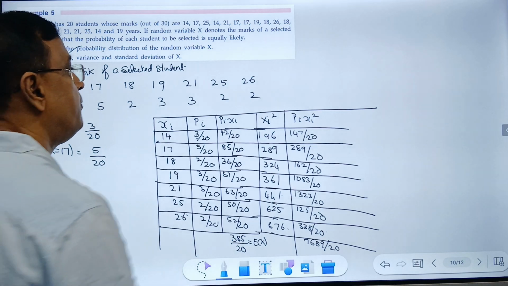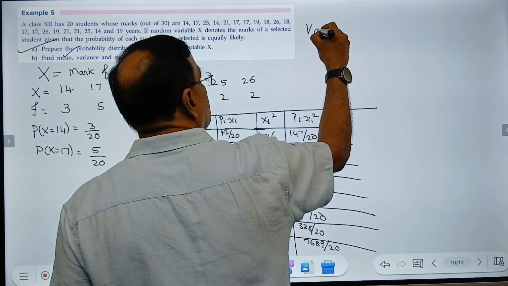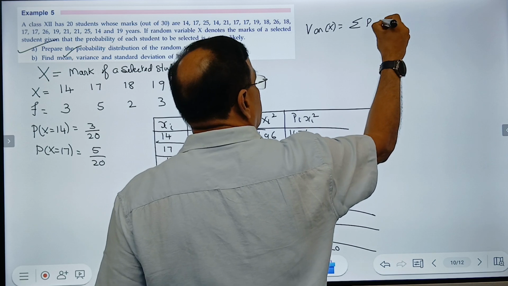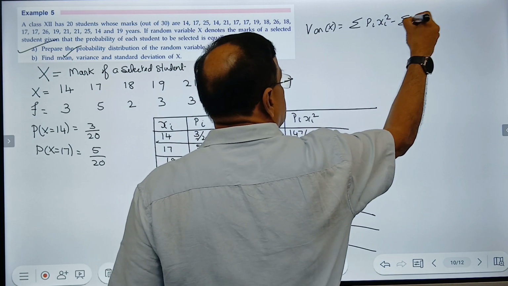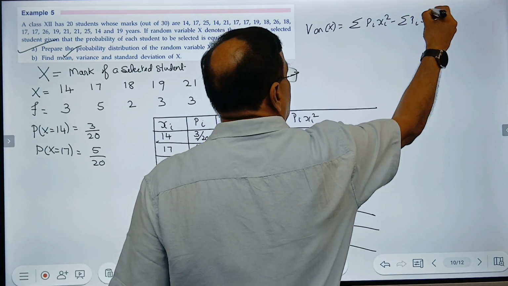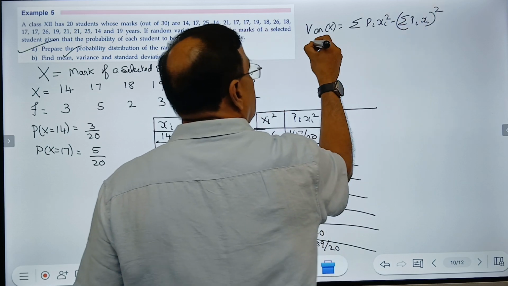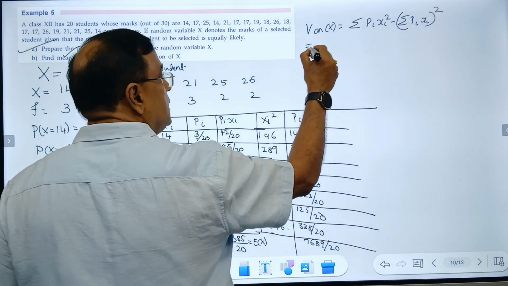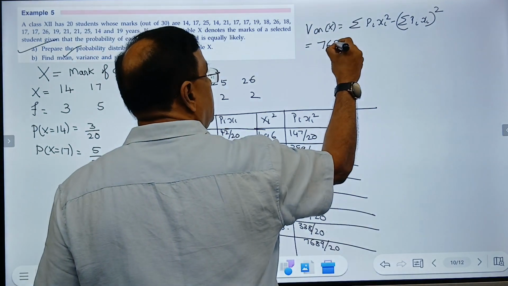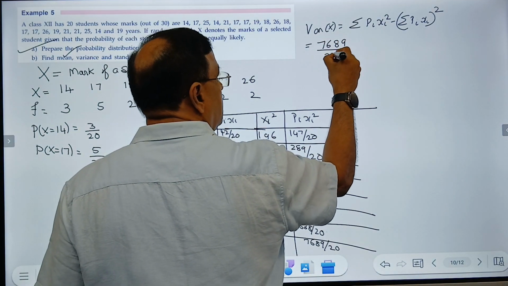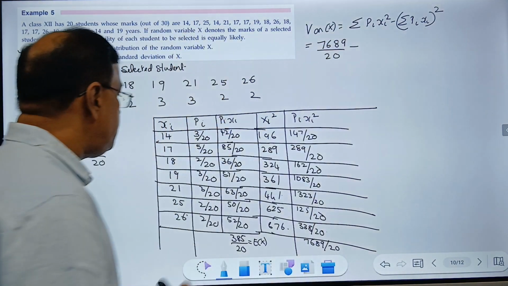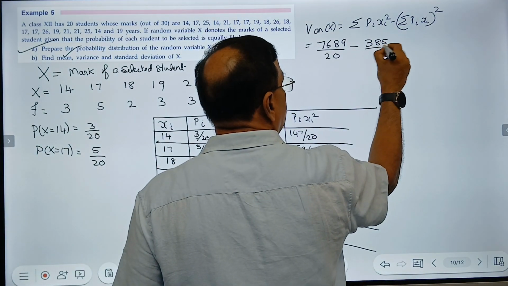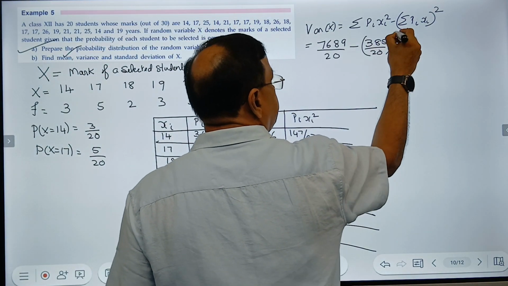Now what is the variance formula? Variance is sigma pi xi square minus sigma pi xi the whole square. Sigma pi xi square is 7689 by 20, minus sigma pi xi the whole square, which is 385 by 20 the whole square.